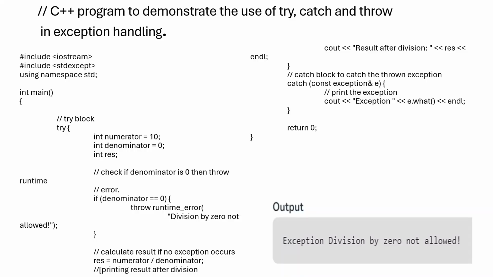So what is the output for this exception, division by 0? It is not allowed. This is what we are throwing and catching.